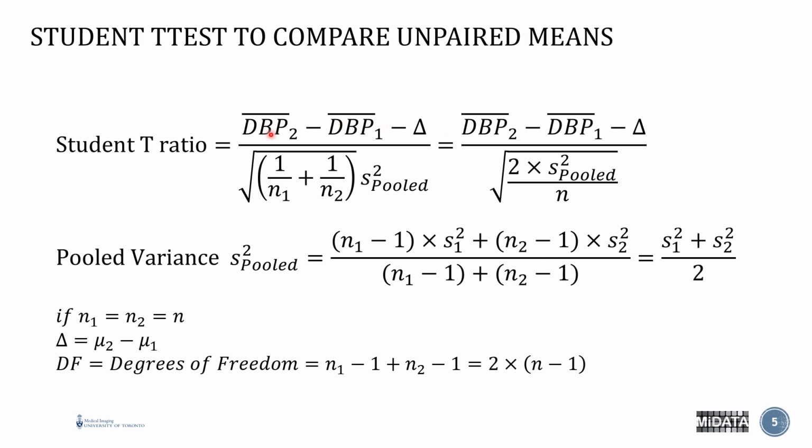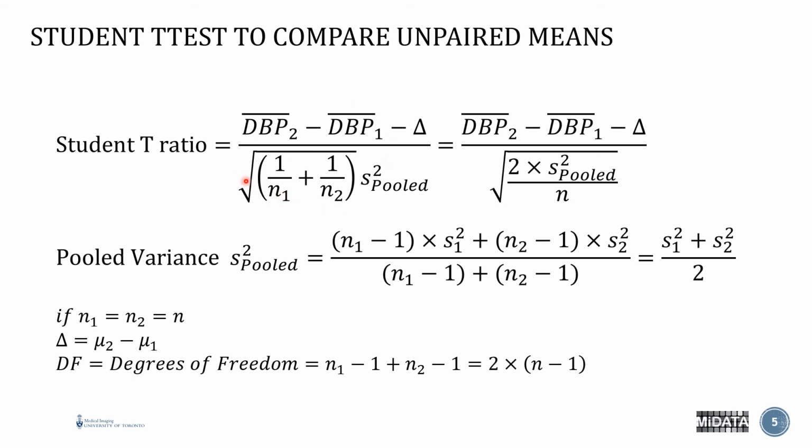And we previously divided by the standard error of the difference. And for the standard error in the z ratio, we use the square root of 2 times the variance of the population, because we're making the assumption that the two populations are the same.